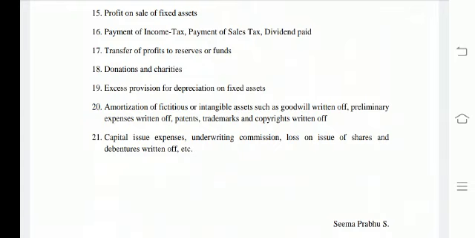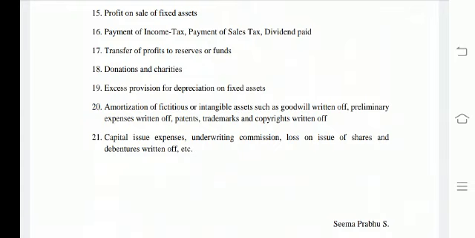These are some expenditures which should not be taken, along with capital issue expenses, underwriting commission, and loss on issue of shares and debenture written off, etc. I insist the students should note down this information.